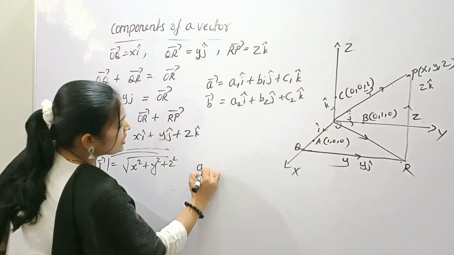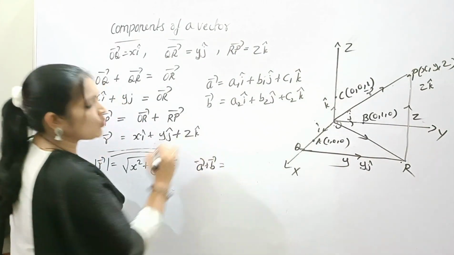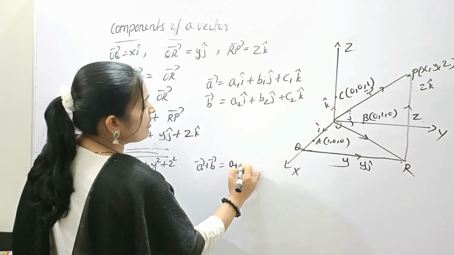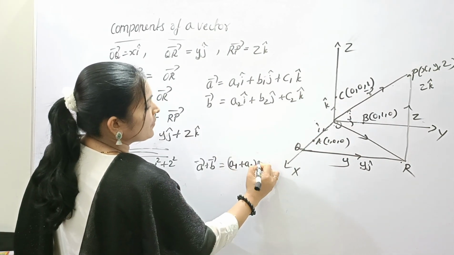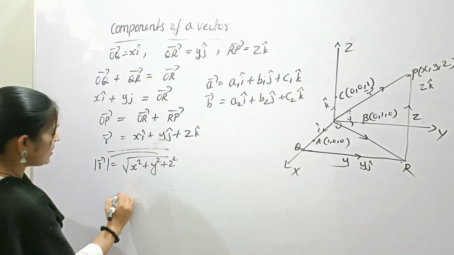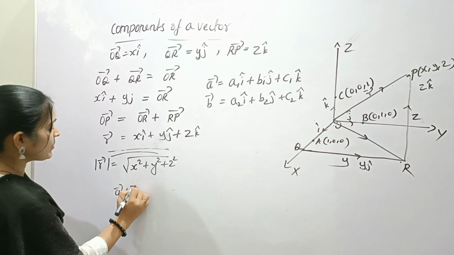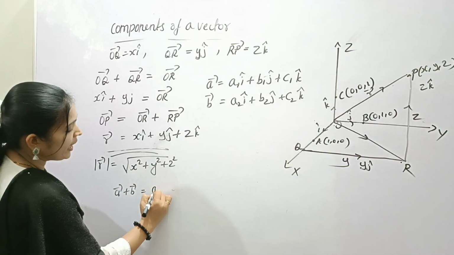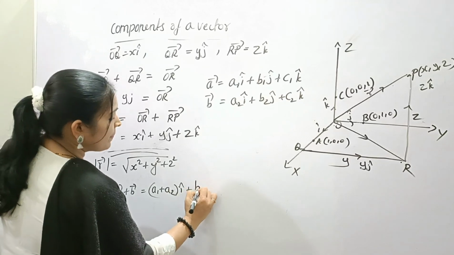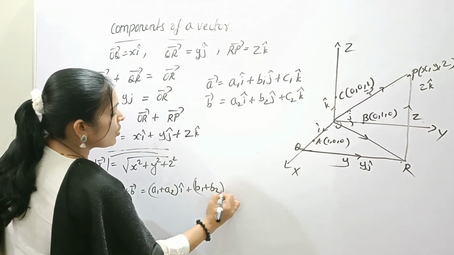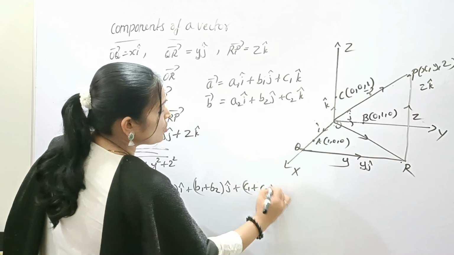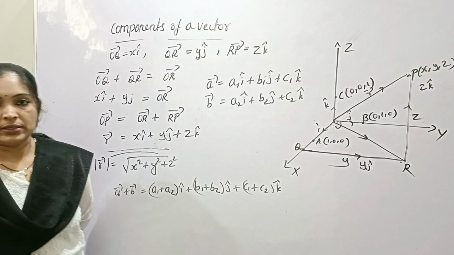Vector A plus vector B is equal to a1 plus a2 into vector i plus b1 plus b2 into vector j plus c1 plus c2 into vector k.